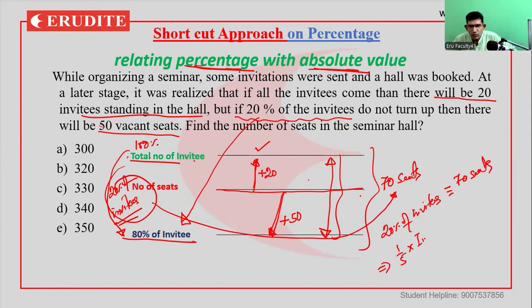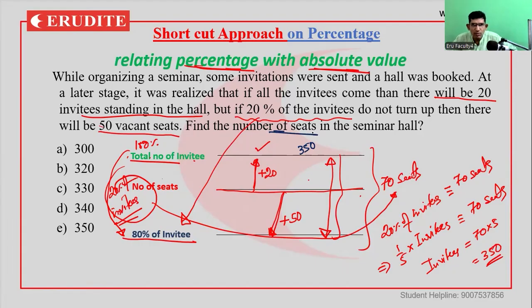So 1/5 of the total number of invitees is equivalent to 70 seats. So the total number of invitees will be simply 5 times 70, which is 350. So now I get that the total number of invitees is 350.